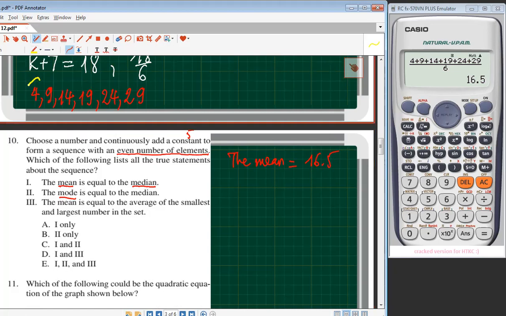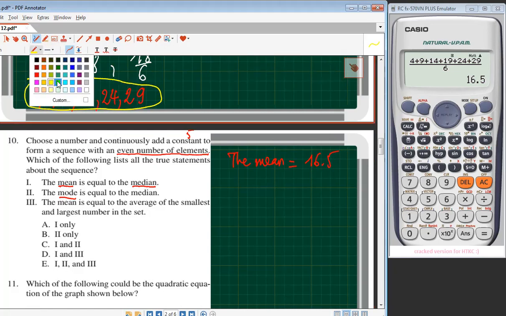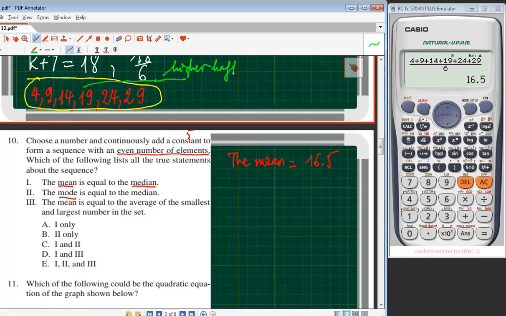This is our data, this is the higher half, and these 3 numbers are the lower half.